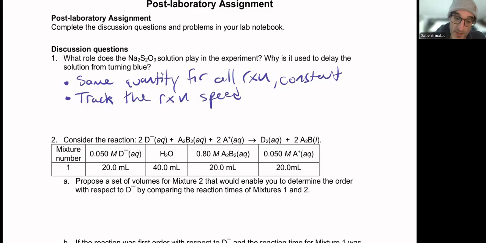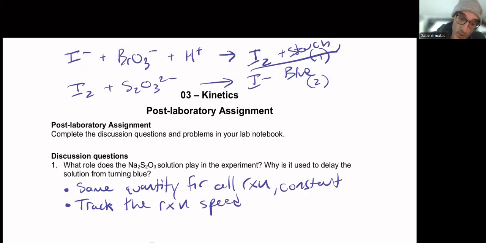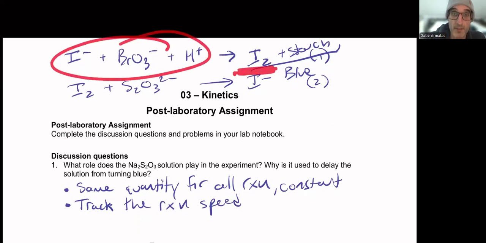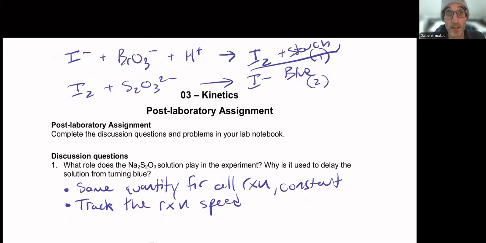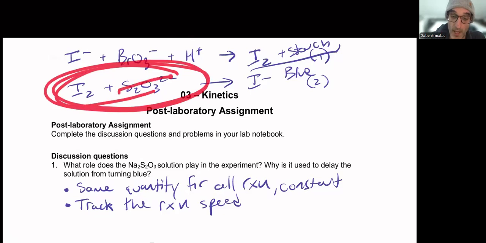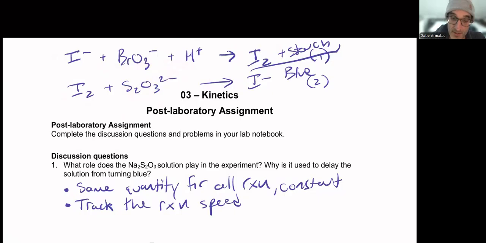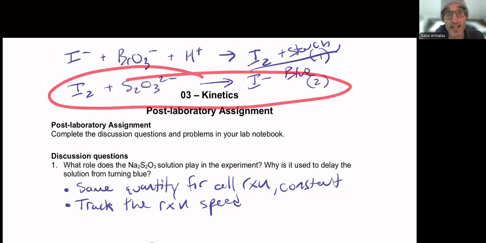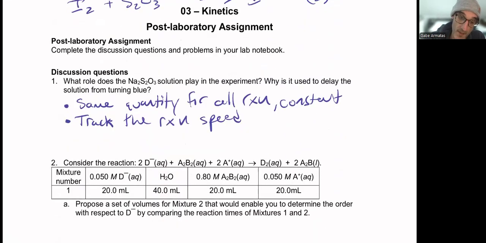The other reason for this is if it was just reaction one, you'd produce iodine pretty quickly, and then the blue color would appear. What S2O3 does is it kind of acts like a fuse. We need that S2O3 to go away in order to produce the I2. So it kind of delays the creation of that blue color.